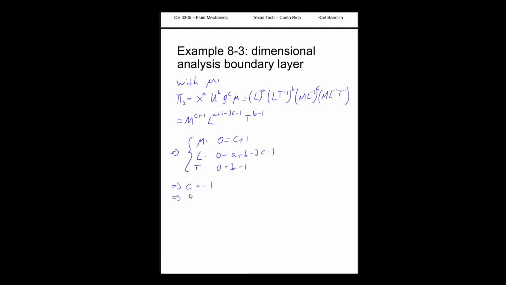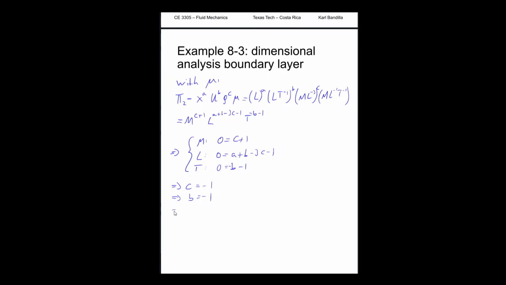We can say B is equal to 1, I have here. Where am I going? Let's double check with B. I have something else here. T, oh, this is a minus T here, so it should be a minus there. So that should be minus 1. All right. So that's then B is equal to minus 1.